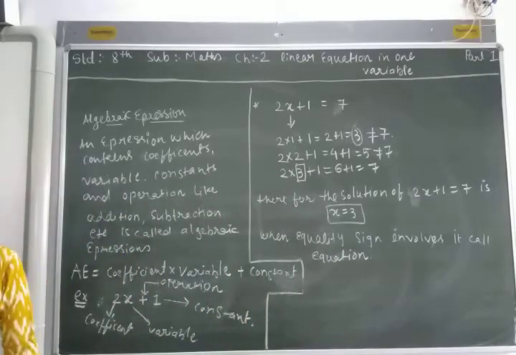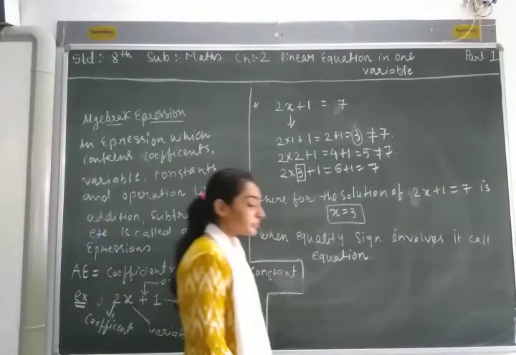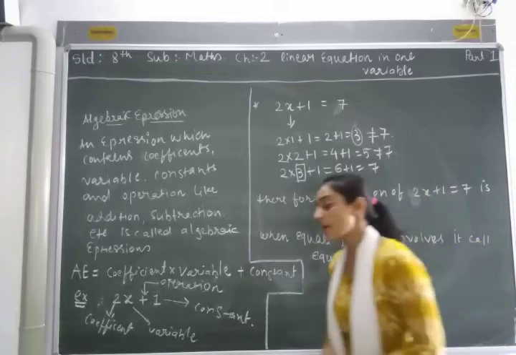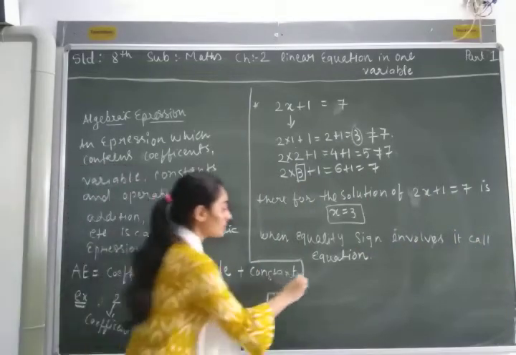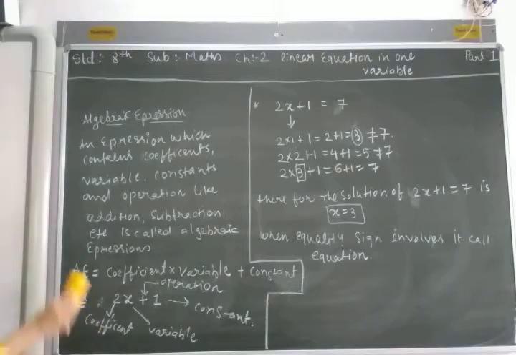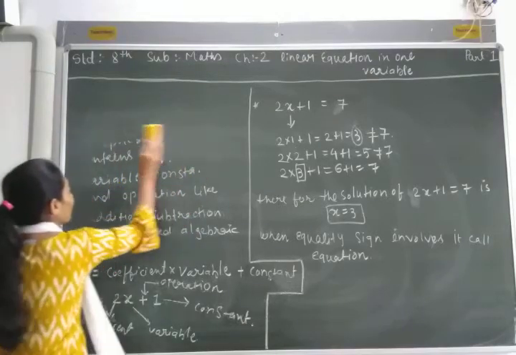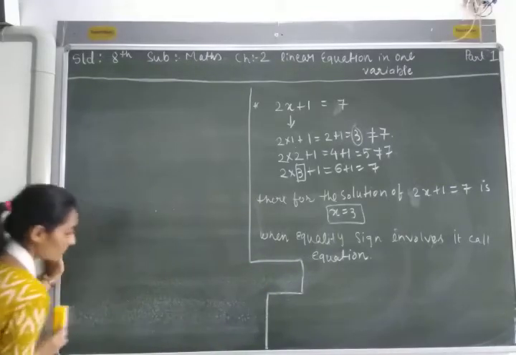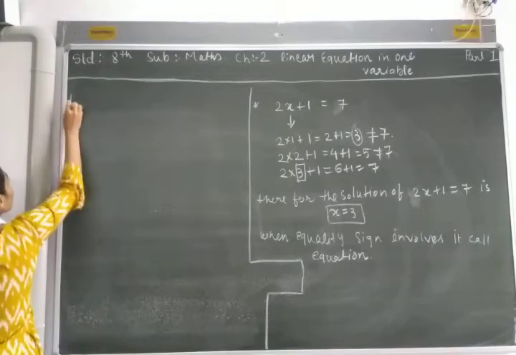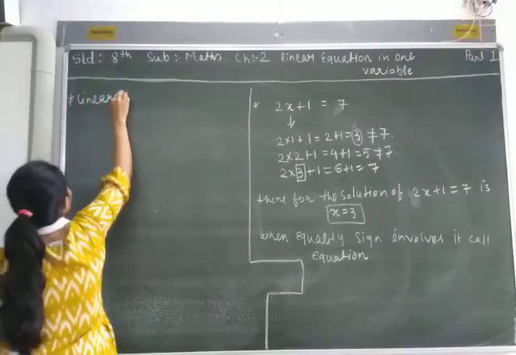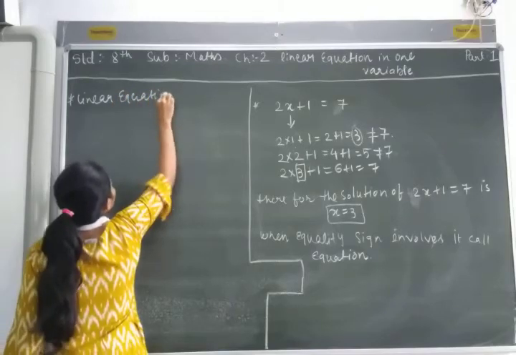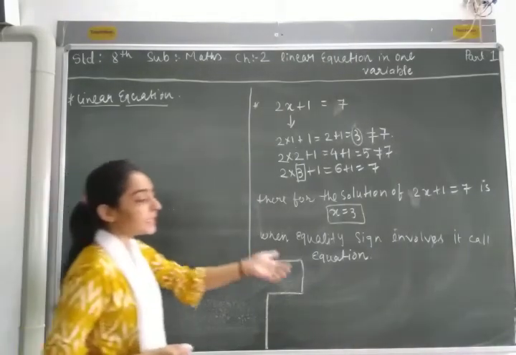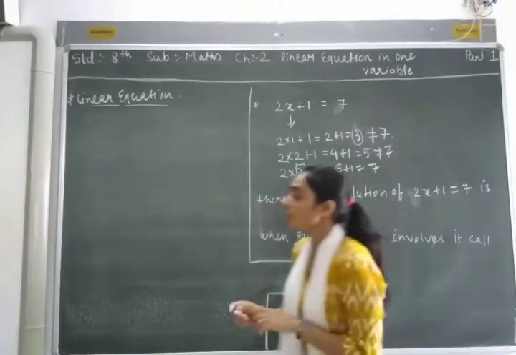Now, let's talk about what is linear. As you can observe over here, 2x plus 1. Let me erase this side. Now, what is a linear equation?